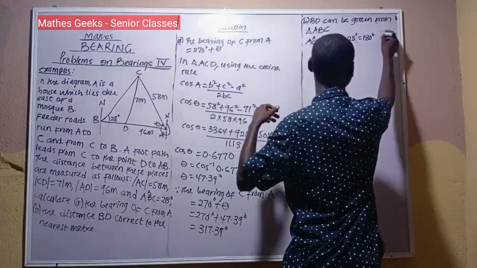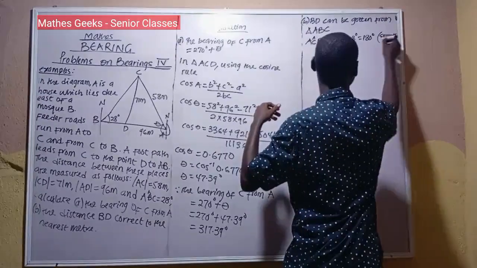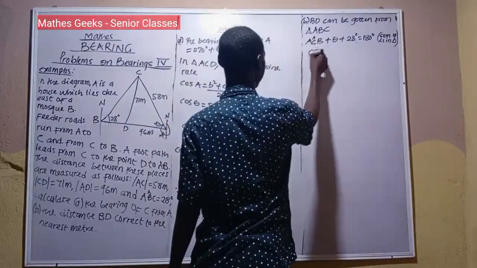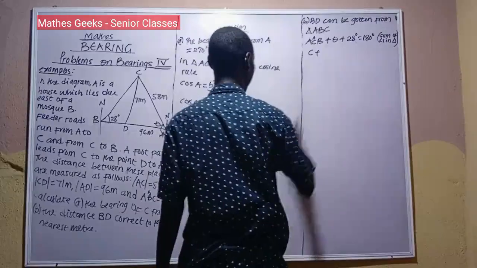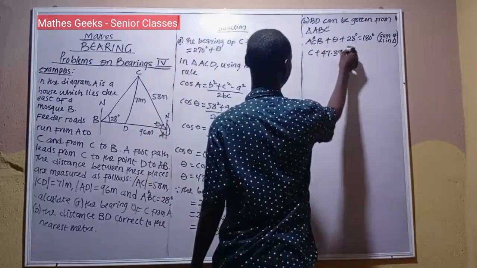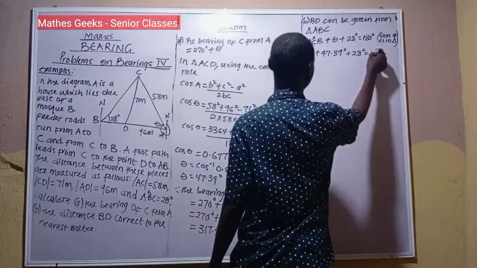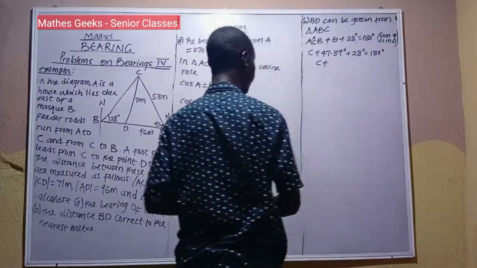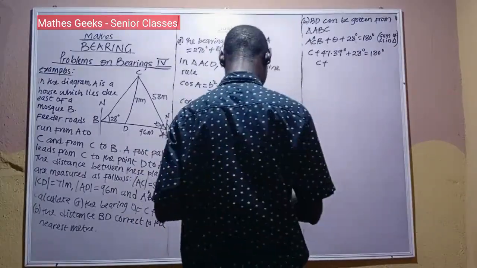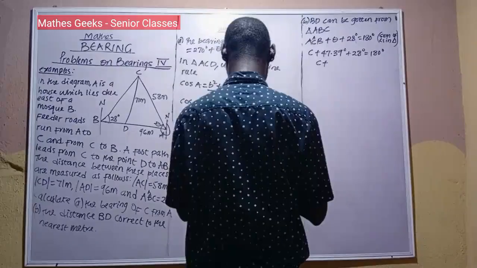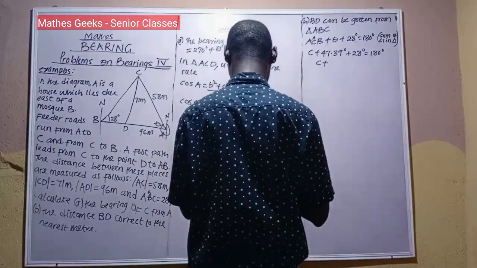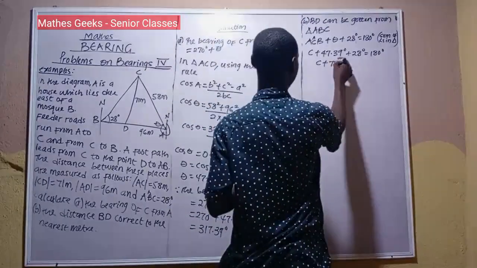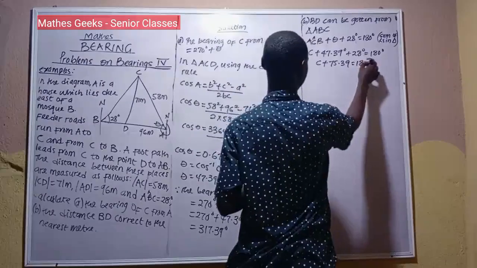for the reason, sum of angles in a triangle. So angle ACB, which is C, plus theta, which is 47.09 degrees, plus 28 degrees equal to 180 degrees. So C plus 28 plus 47.09, which is 75.09, is equal to 180 degrees.